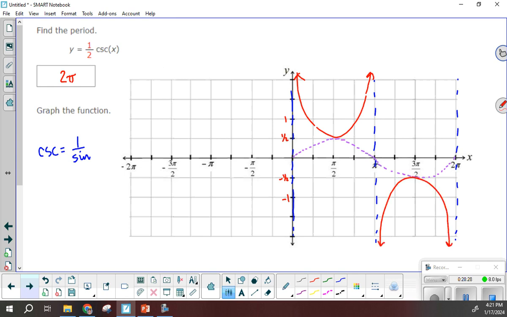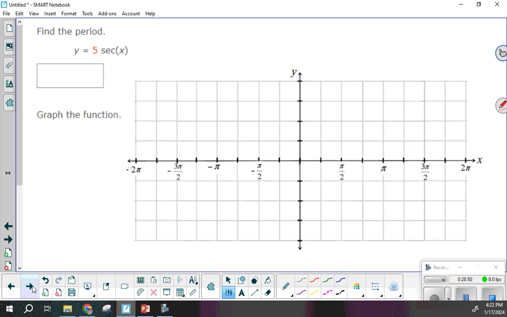The parabolas are really kind of fat on the bottom. That's going to be my cosecant. Again, it's drawn on the top or the bottom of each of the humps, or the waves, of the sine function. And every time sine is 0, you've got an asymptote.